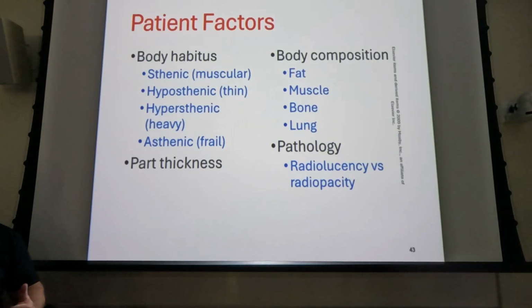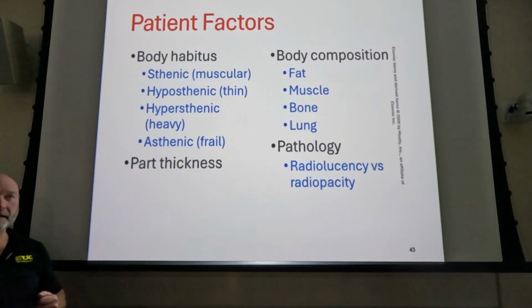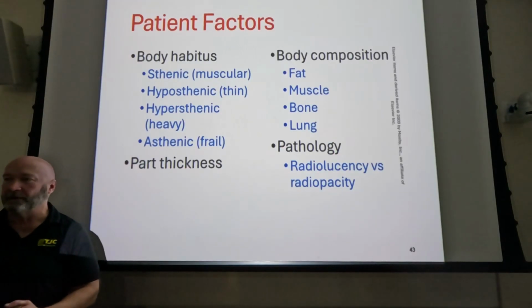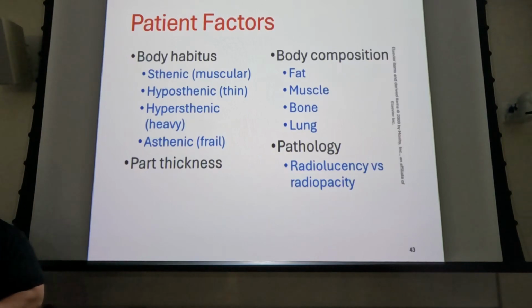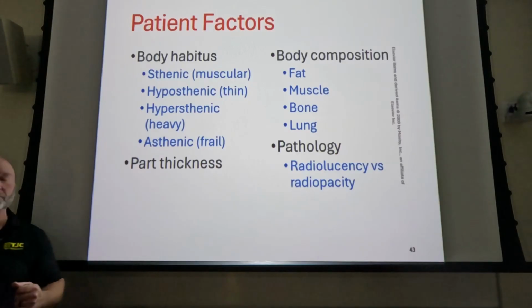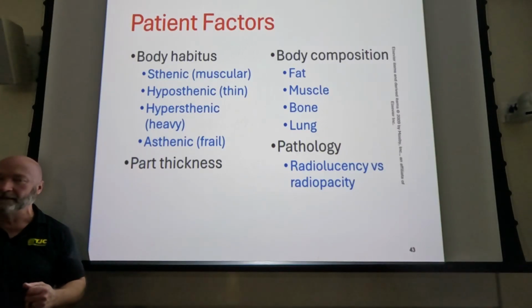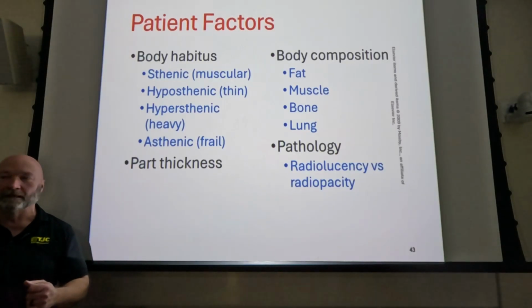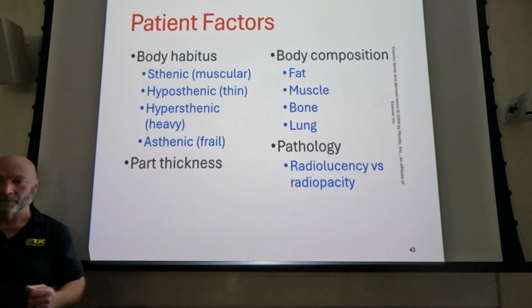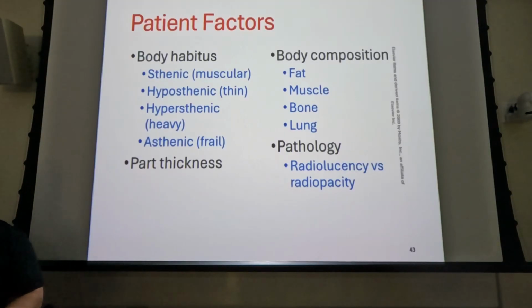Water. It's water, right? So what technical factor is going to penetrate more of that scatter radiation, KVP or mass? Percentage-wise, KVP, right? So what technical factor do you not want to use if you've added a pathology that would give you more scatter? You don't want to increase your KVP. You want to increase your mass.